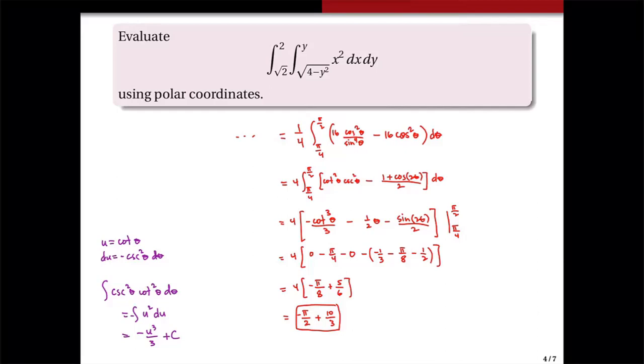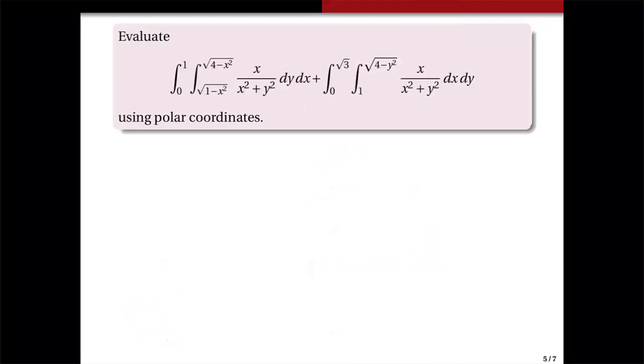Now let us consider our next problem. So we want to evaluate this sum of double integrals using polar coordinates. Now, for this type of problem, of course, you immediately see that there are two double integrals here.